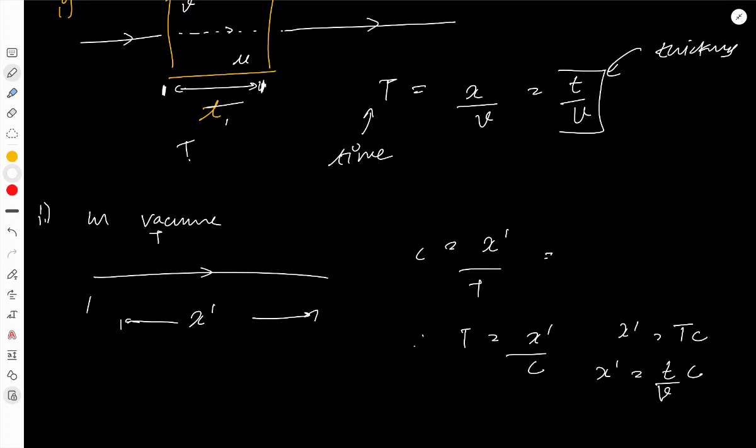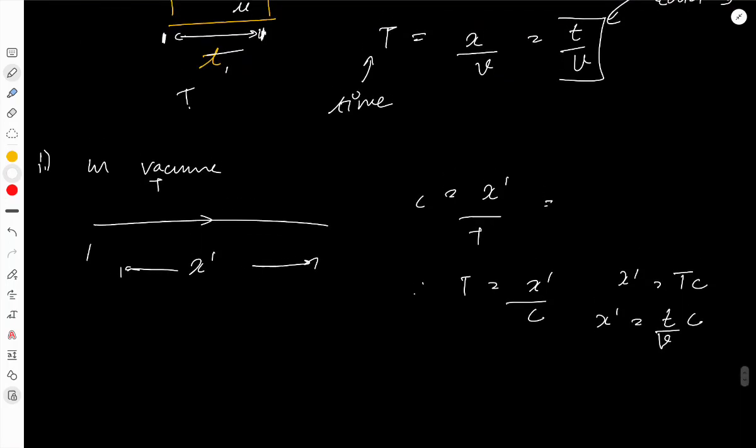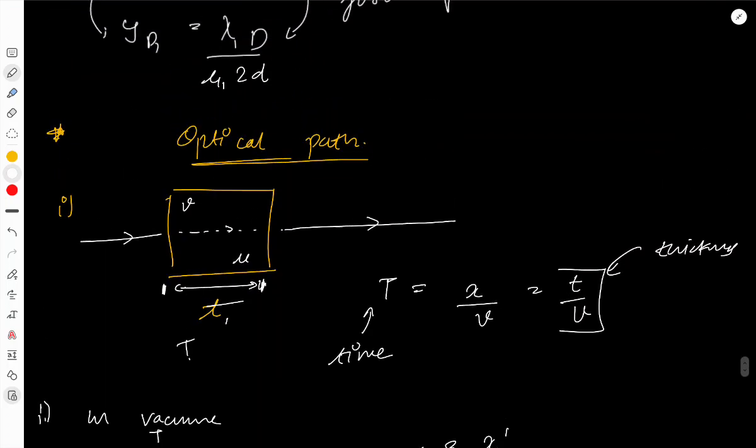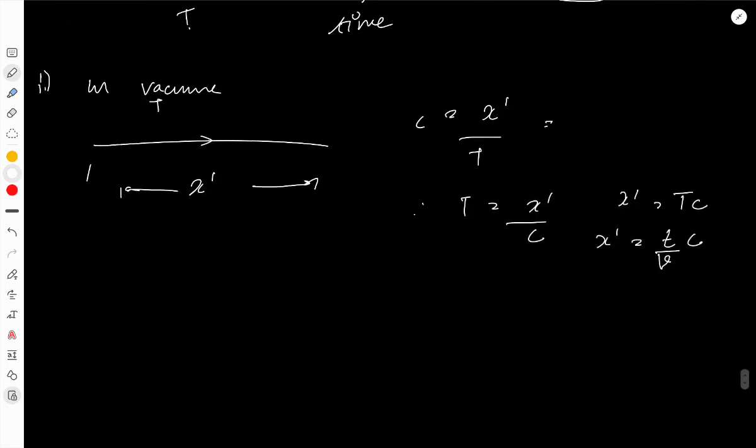Then if I give them 1 hour, the second tractor on the road would travel more distance than the one traveling in mud. So the same is over here. In vacuum there are no obstacles, so it will move faster. So x dash would be greater than x.